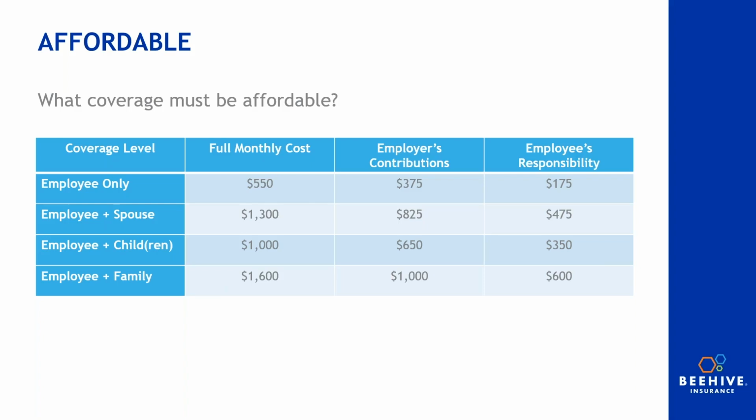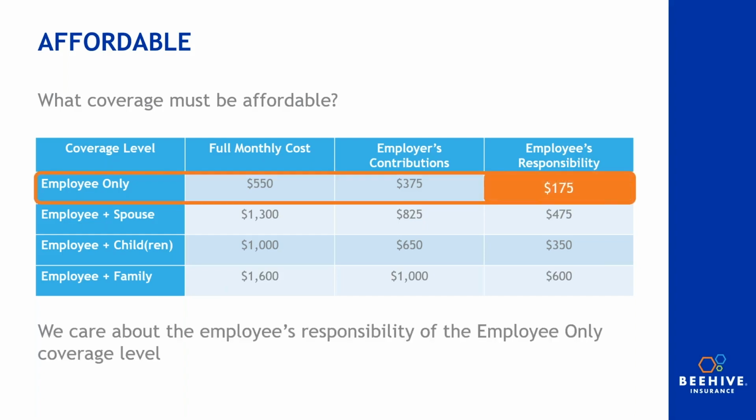So the only coverage level that we are concerned about as an employer with the ACA is the employee-only responsibility or employee-only coverage level. So in this chart, it would be that $175 per month. So that is the only cost we're concerned about.